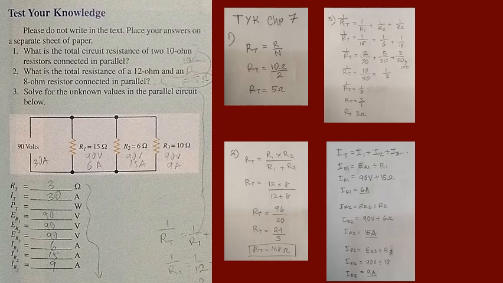We use the formula for parallel current total, which is current 1 plus current 2 plus current 3, etc. To find our current total, we must find the current at each resistor.